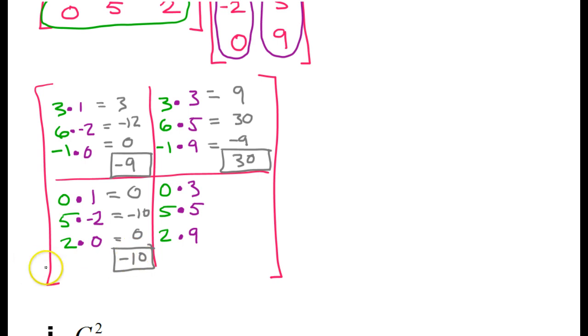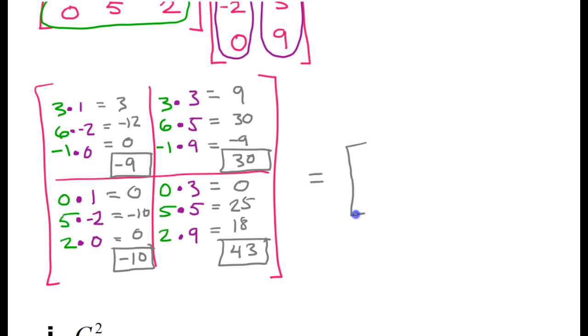That'll be the entry in row 2, column 1. And I get 0 and 25 and 18. And that is 43. So the final answer is going to be the 2 by 2 matrix, -9, 30, -10, and 43.